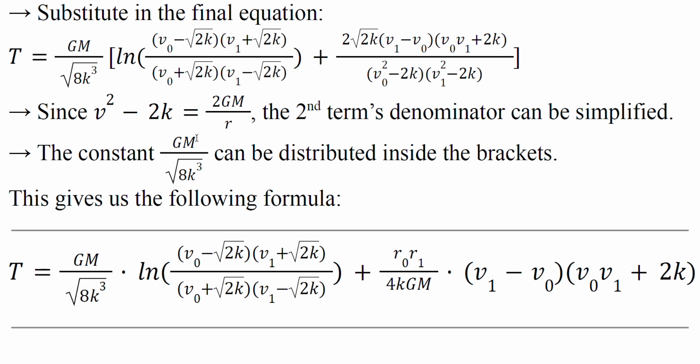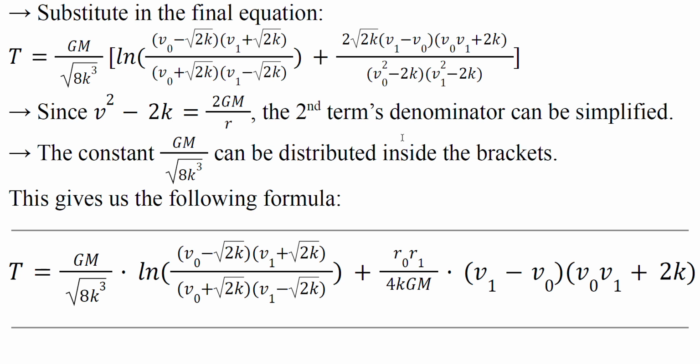So the constant GM by root 8k cubed can be distributed, because if you apply this here, since this thing is in the denominator here, you'll get GM squared at the bottom, as you can imagine. Like, this is 2GM by r0, this is 2GM by r1, so r0, r1 go up, and then you just have 4GM squared, which cancels this out, so you basically have root 2 at the bottom.